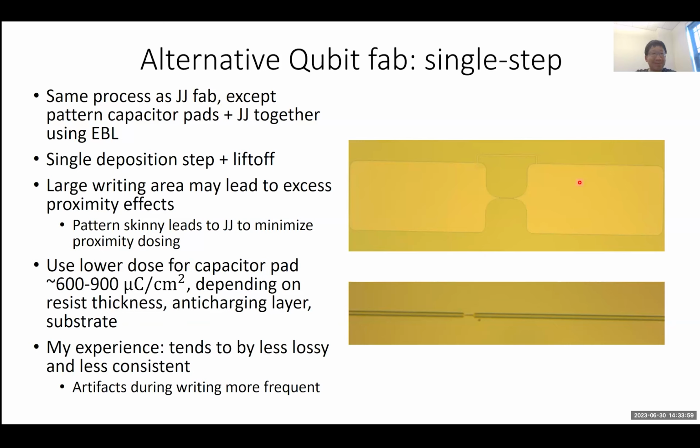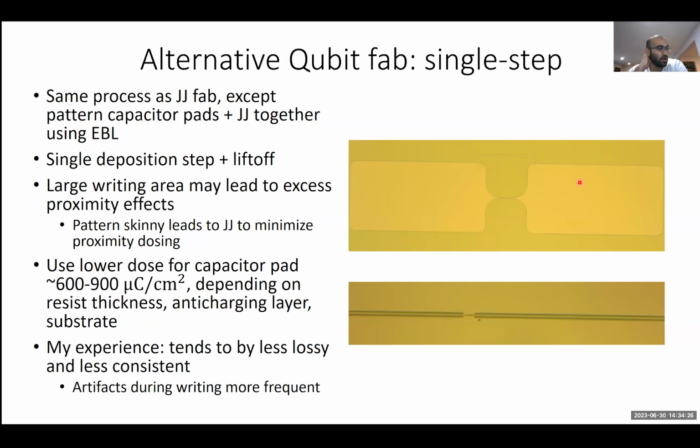Yeah, this one I didn't especially hear you talking about. The question is, I've heard the conducting layer that you have to spin can be expensive. Are there more widely used, cheaper alternatives for conducting layers? Yes, so I didn't talk about conducting layers. I talked about anti-charging layers.